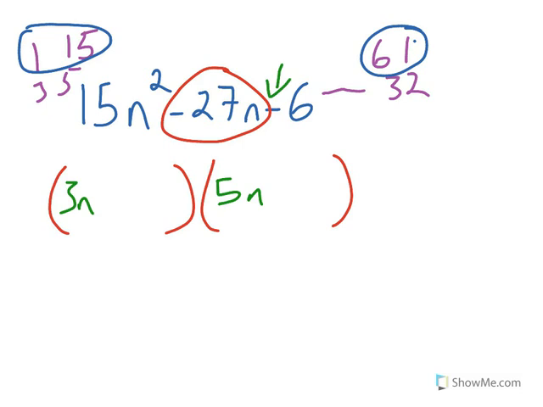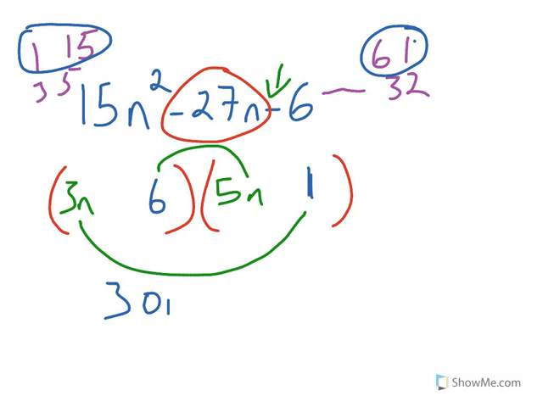And the way to get above 27 is to, when I multiply this, multiply 6 times 5, because 6 times 5 gets me to 30. So I'm just going to try putting 6 and a 1 here. So when I multiply this gives me 30n minus 3n. And that gets me a 27n.